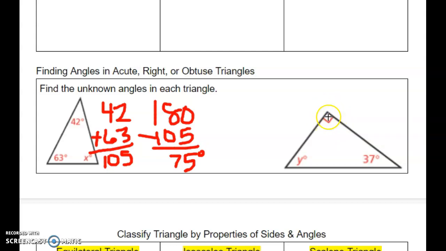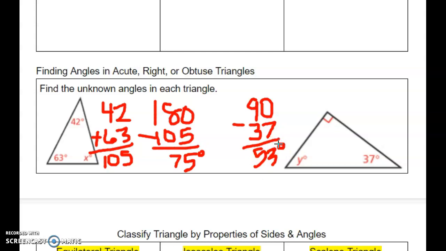So if this is a 90-degree angle, that means that these two angles must also add up to 90. And I say that because 90 plus 90 is our 180. So if you recognize that, it might be a little faster for you if you just do 90 take away 37, and you would end up getting the 53 degrees for y.